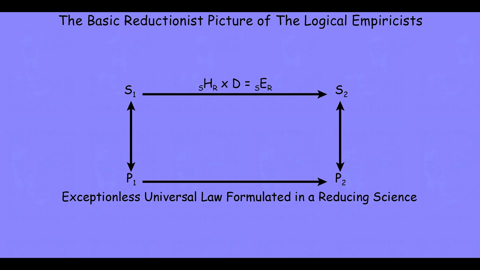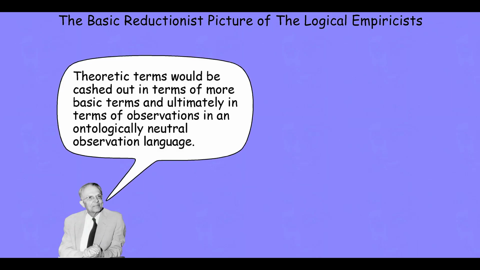Now, the story we've just told is a story that, for the unity of science, will be repeated over and over and over again. Theoretical terms and dynamic relationships between them in a higher level of science will be reduced via law-like relationships between their constitutive categories, the theoretical terms and law-like relationships in a lower level science.